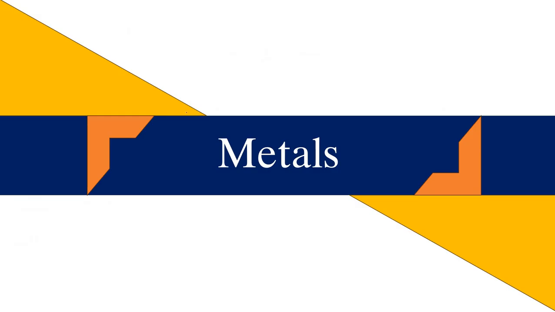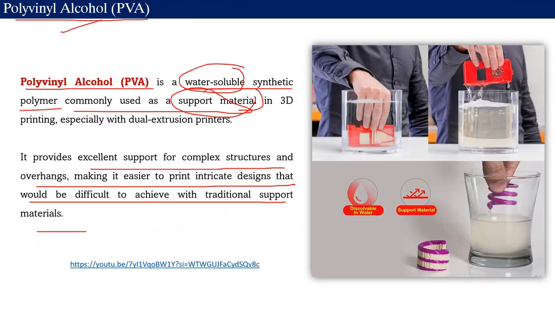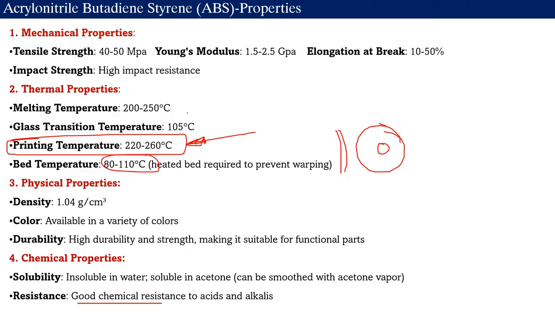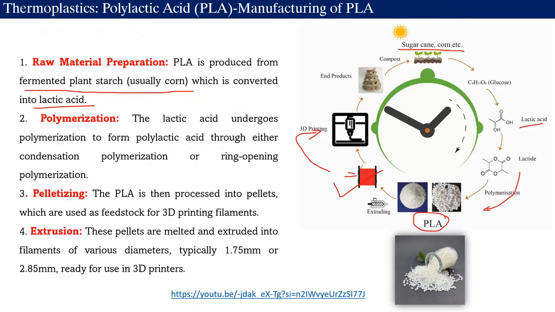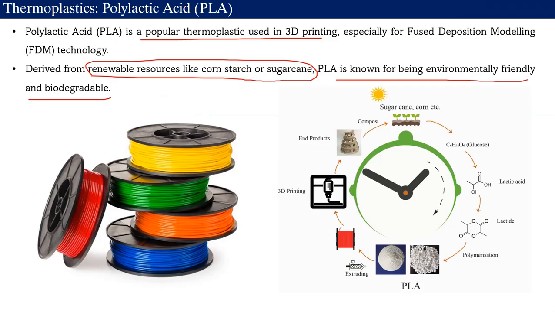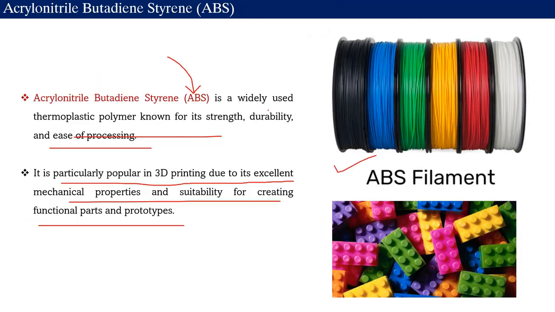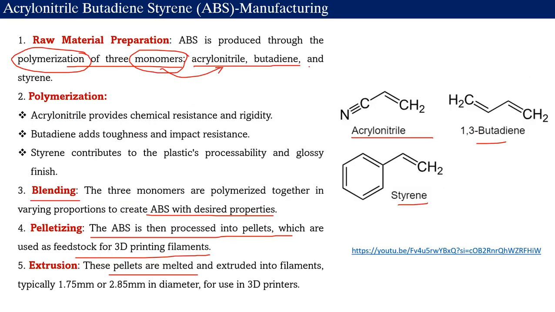Now these are what we have seen earlier. These are all thermoplastics. In thermoplastics we have seen PLA, polylactic acid, which is biodegradable, formed by polymerization of sugarcane and corn. Then we have seen ABS, which is formed by the polymerization of three monomers, acrylonitrile, butadiene, and styrene.